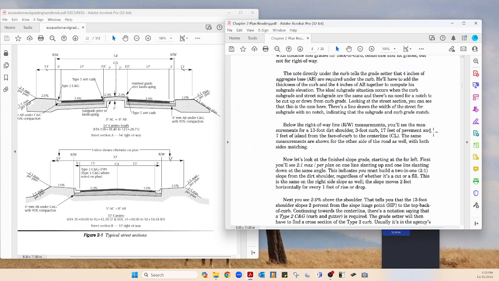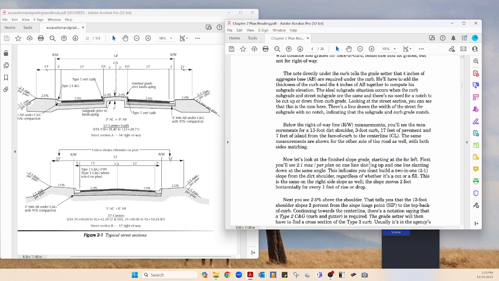Oh, the measurements for the 13-foot dirt shoulder, the 3-foot curb right here, the 17 feet of pavement, and the 7 feet of island to the center line. The same over here. The same measurements are shown for the other side.